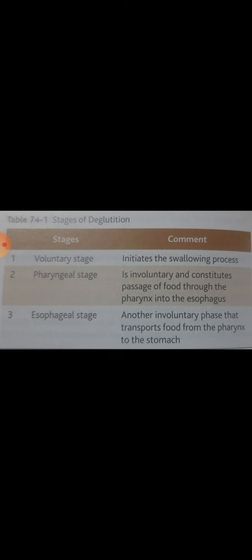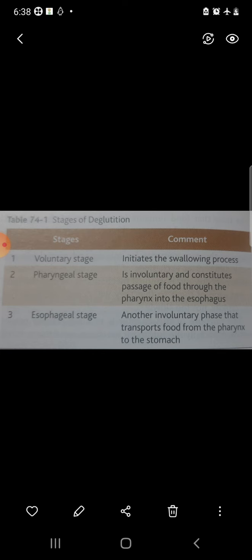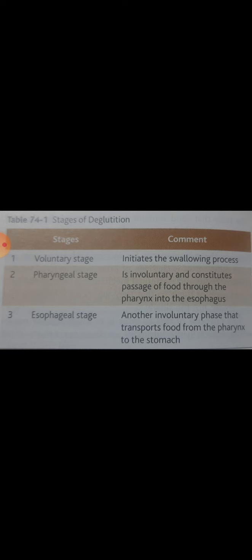Now let's talk briefly about the voluntary stage of swallowing. When the food is ready for swallowing, it is voluntarily squeezed or rolled posteriorly into the pharynx by pressure of the tongue upward and backward against the palate, as shown in figure 74.2. You can see in the figure the voluntary phase.